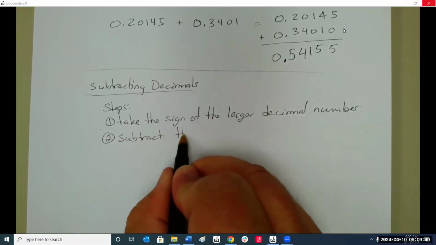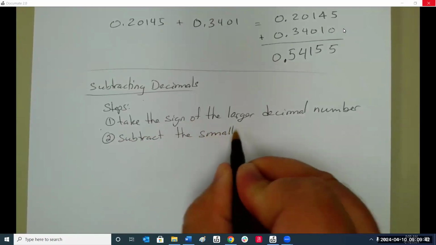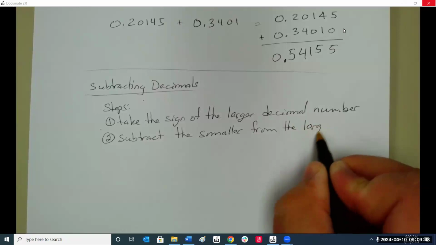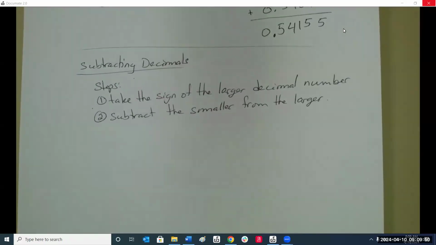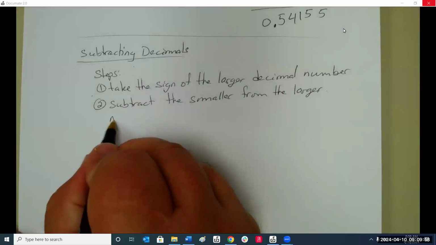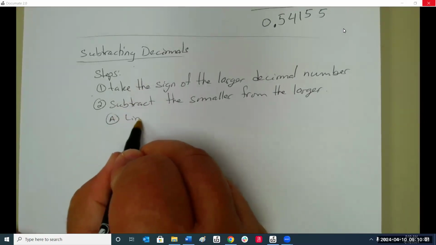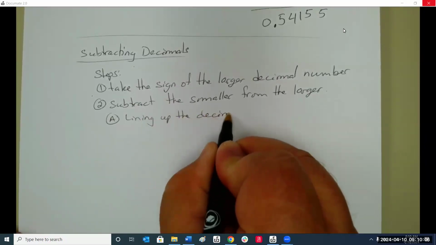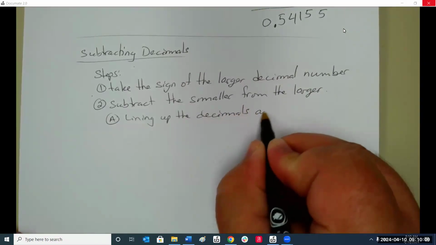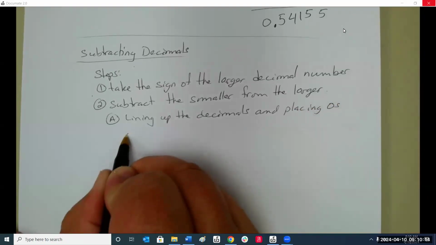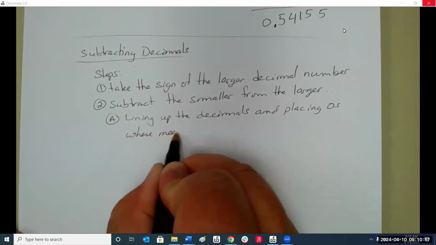Subtract the smaller from the larger. Lining up the decimals, and placing zeros where needed.